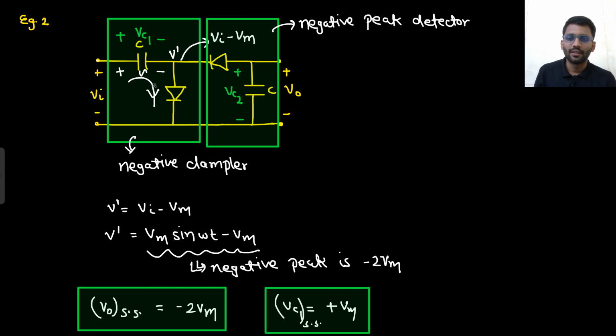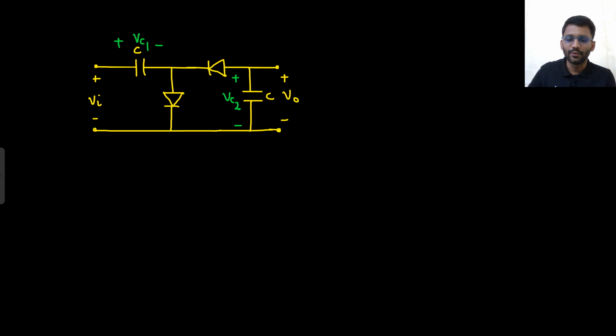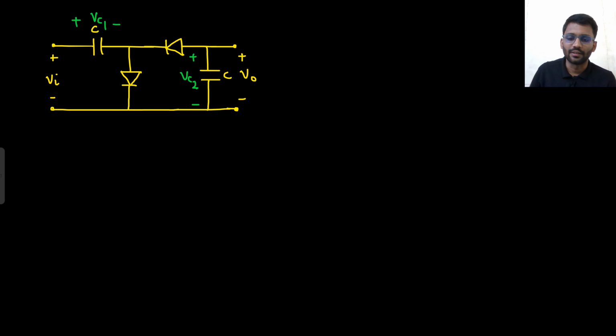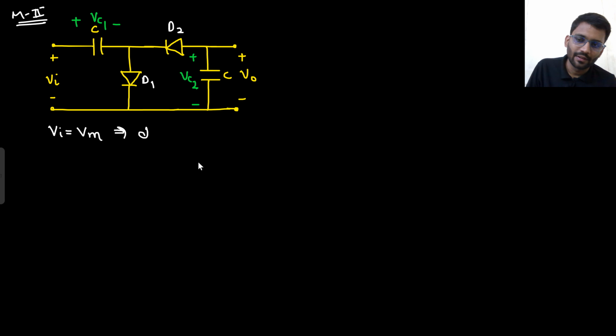Well and good. Now let's see method 2. What is method 2? That I told you. First you need to turn on the diode, then you need to turn on the other diode. This is method 2. Let's call this one D1, this one D2. So need to turn on D1. So when Vin is equal to Vm, diode D1 turns on.